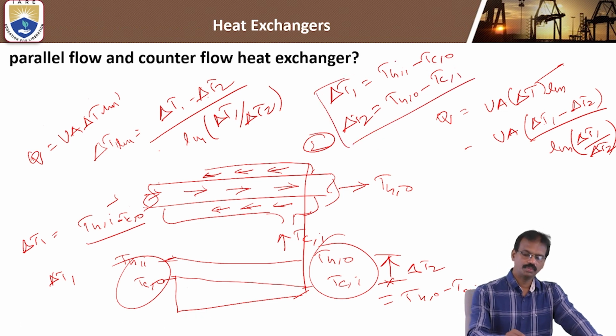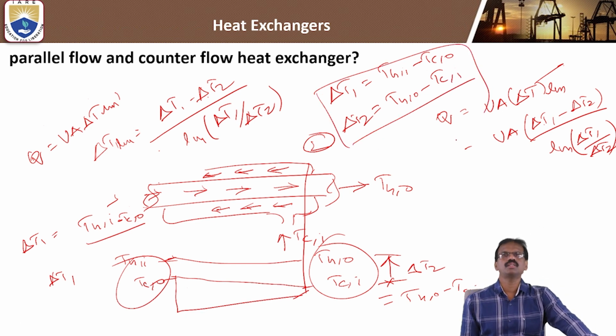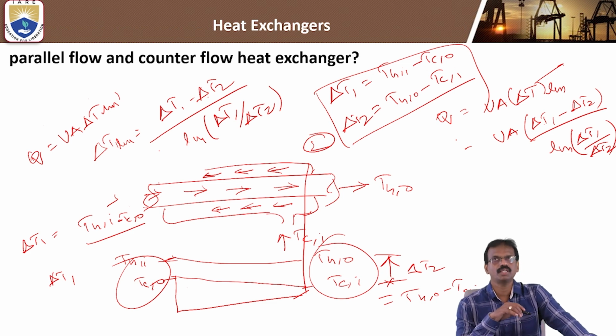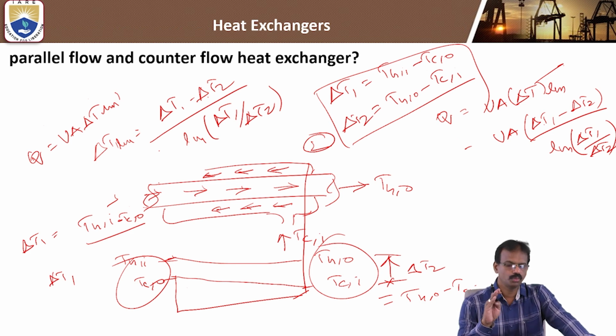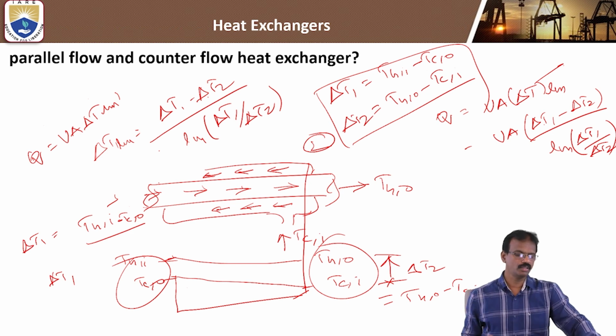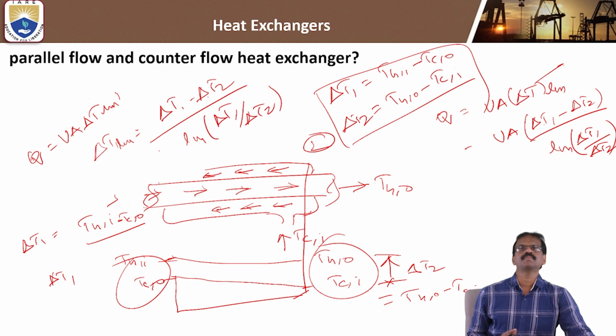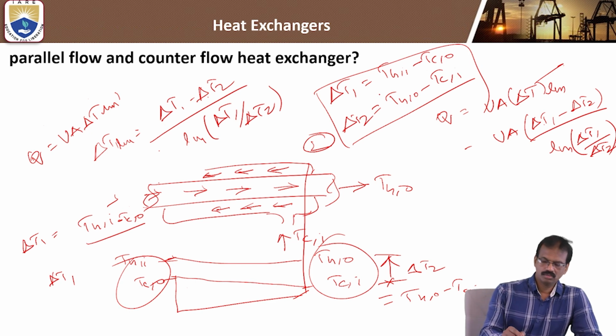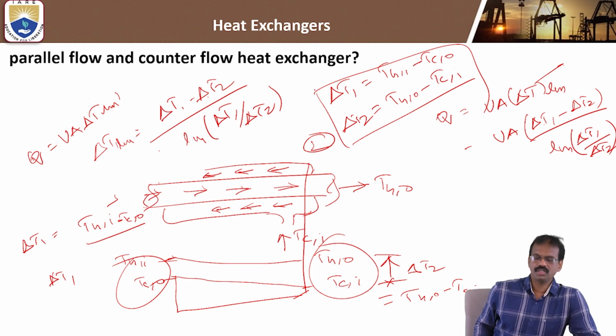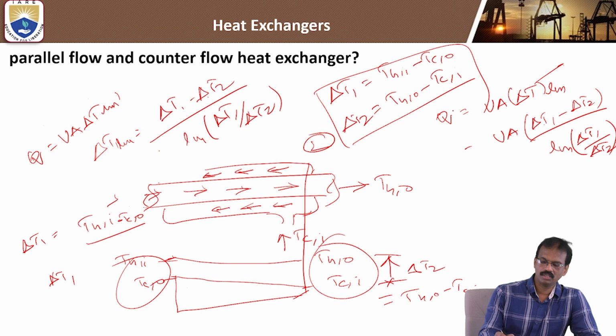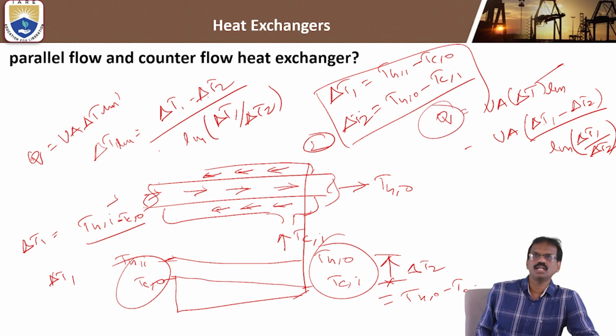Here also, to find the rate of heat transfer in the counter flow heat exchanger, we require the four parameters. So inlet and outlet temperatures of the cold fluid and inlet and outlet temperatures of the hot fluid. Without these four temperatures, we can't solve the rate of heat transfer through the LMTD method.